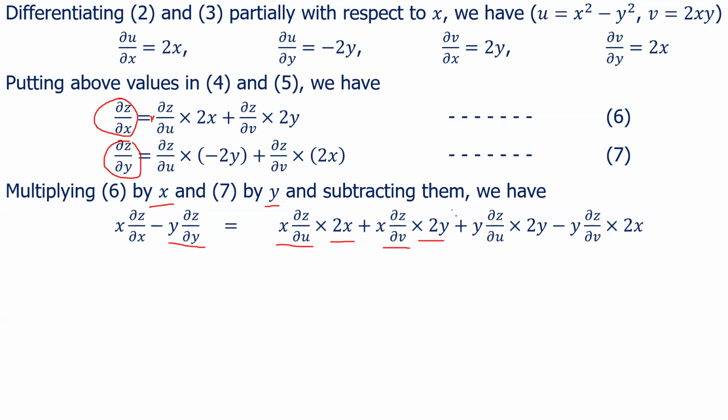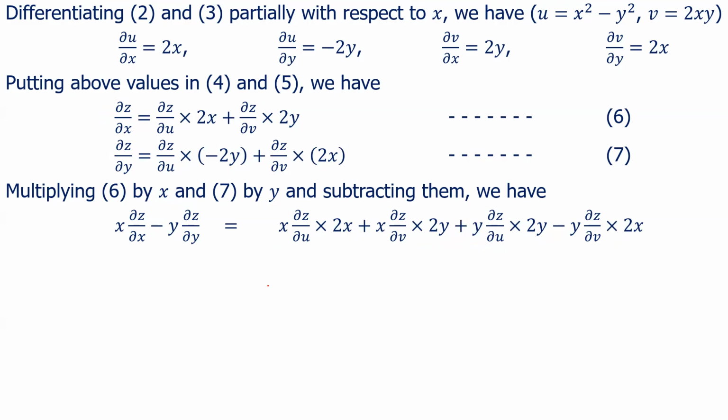We have to subtract it, so this is again minus sign and minus sign, so minus minus will become plus. This is multiplied by y del z del u into 2y, because we have taken the minus sign outside, and then minus y del z del v into 2x.